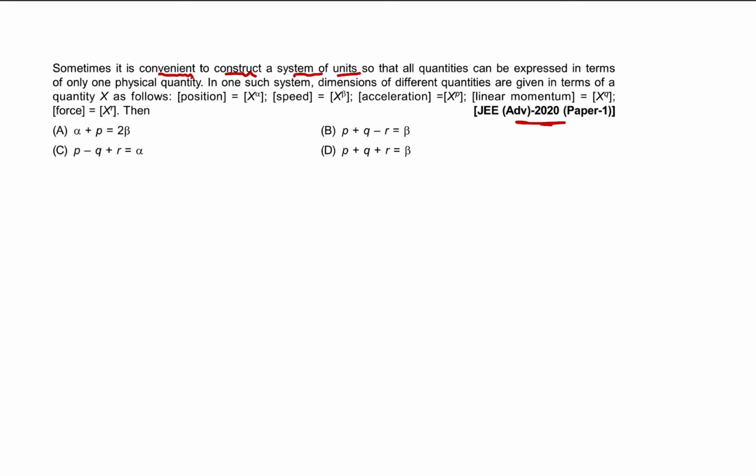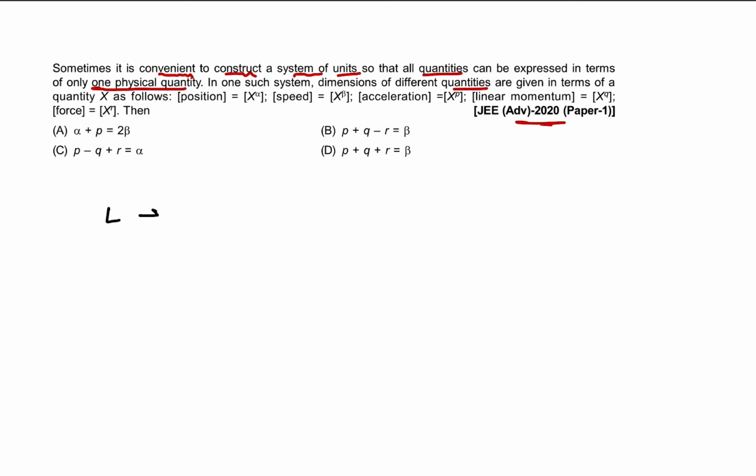Sometimes it is convenient to construct a system of units so that all quantities can be expressed in terms of only one physical quantity. In one such system, dimensions of different quantities are given in terms of quantity x.